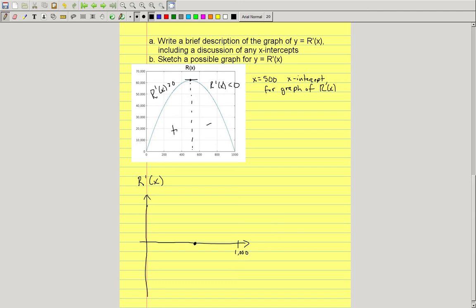And we have some value up here, and our function is just going to decrease and remain positive until it hits our intercept, and then it is going to become negative and decrease down to x equals 1,000. Most important features here are the fact that the function is positive in this region and negative in this region, and it intercepts the graph where our horizontal tangent line occurs.